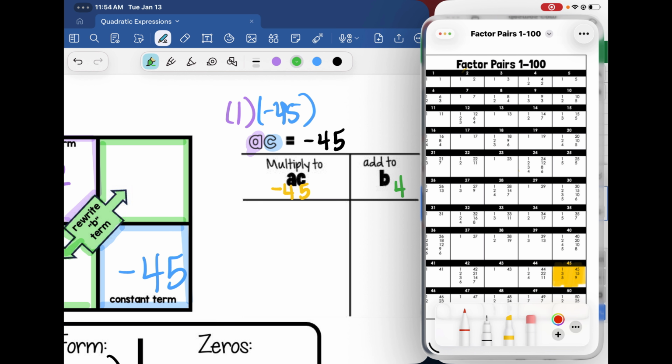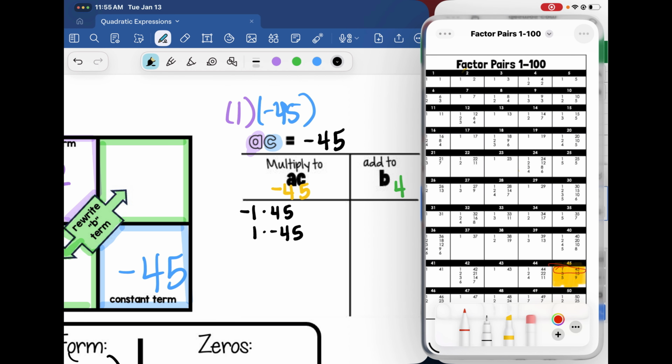A positive times a negative gives me a negative. So they're saying that one of my factors would be 1 and 45. That means it can be negative 1 times 45 or positive 1 times a negative 45. Either of these is going to multiply to negative 45.